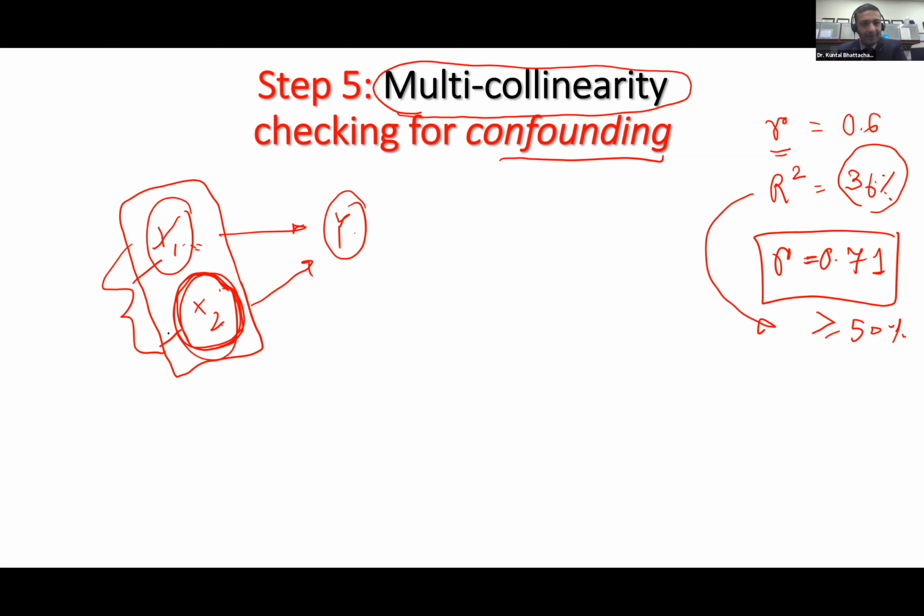But again, I implore you to wear the business hat, because chances are, as you deal with this data set, I'm just giving an example. Imagine that this X1 is bedroom and X2 is bathroom. Typically, when you have bigger houses, higher the number of bedrooms, your bathroom size will also increase, right? And so you may find a high correlation between bedrooms and bathrooms.